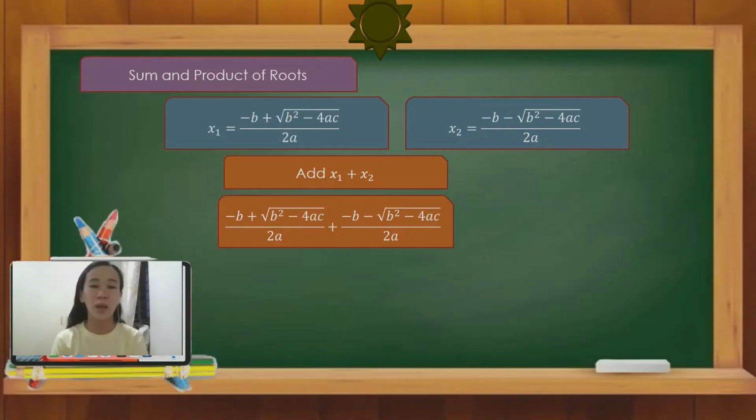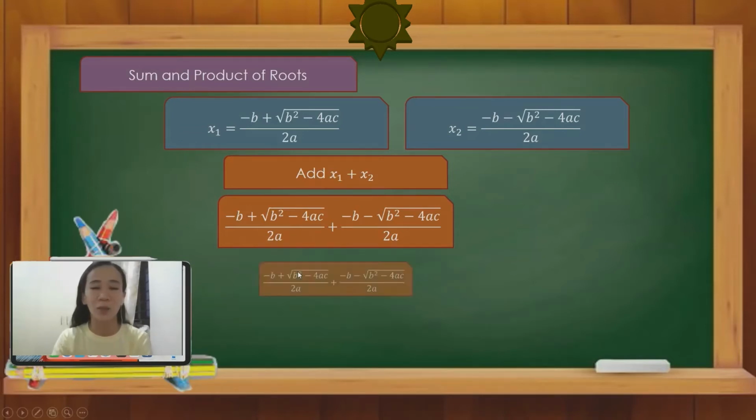Now, we are going to add like terms. We have here negative b and negative b. That will be negative 2b. And another like terms, positive square root of b squared minus 4ac and negative square root of b squared minus 4ac. And this will be equal to 0. Then we have negative 2b and copy the denominator, over 2a.